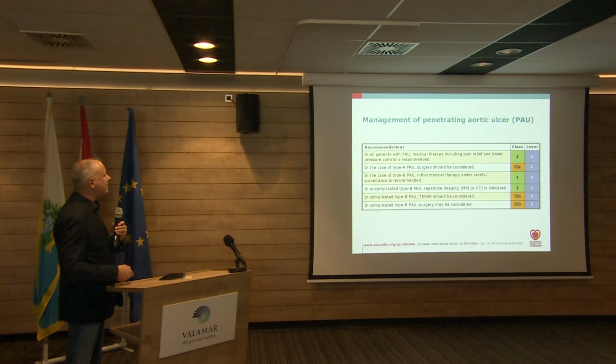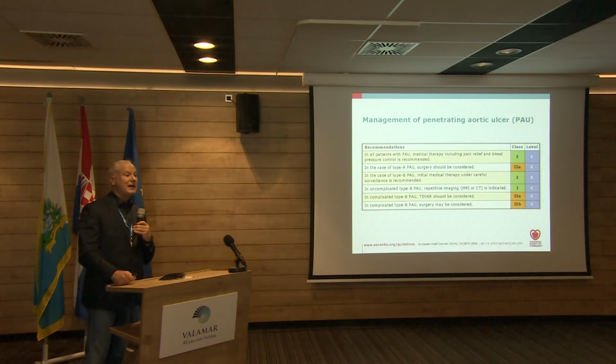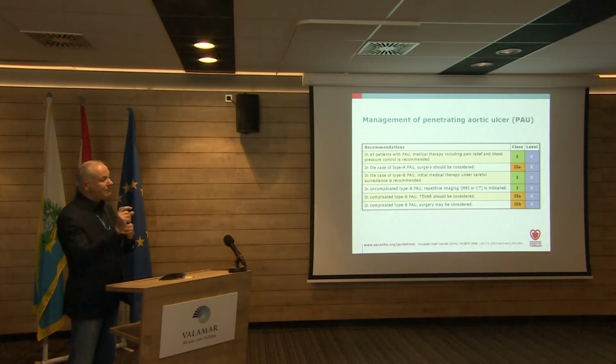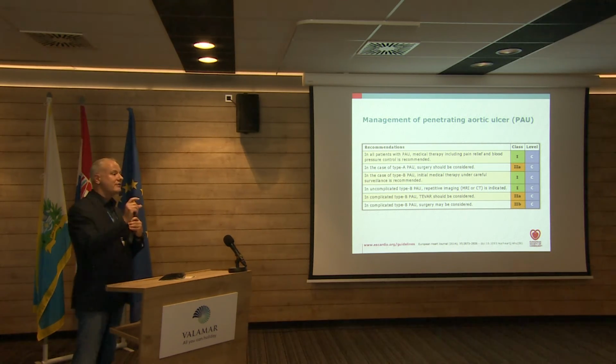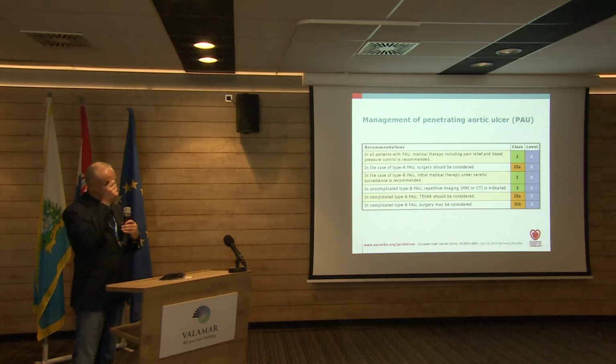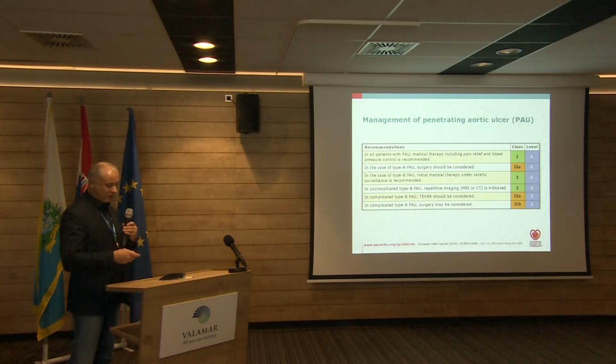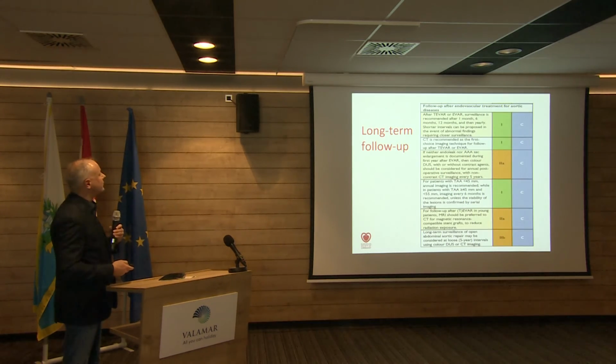In complicated type B, TEVAR should be considered. So we are not very sure regarding penetrating ulcer, although we have to keep in mind all those things regarding diameters, penetration, and combination with intramural hematoma, which mean a bad phenotype for rupture or for propagation to classical dissection.